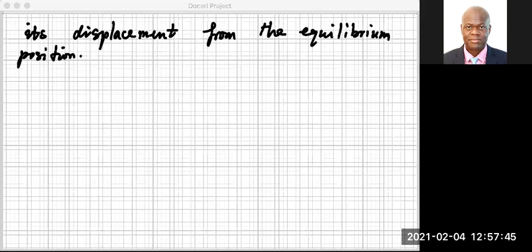And equilibrium position here refers to the state of the system when it's not disturbed.